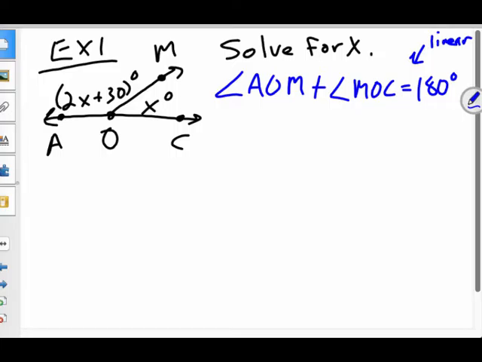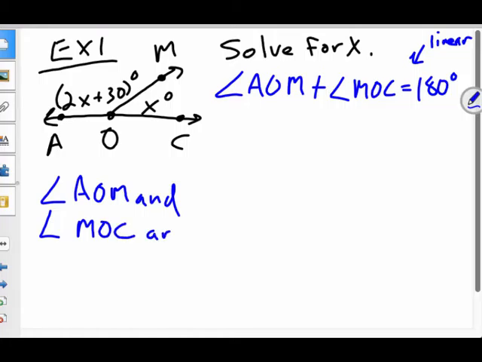All right? By the way, when I write it up that way, what does that tell you about the two angles? Well, it tells me the angle AOM and angle MOC are supplementary angles.